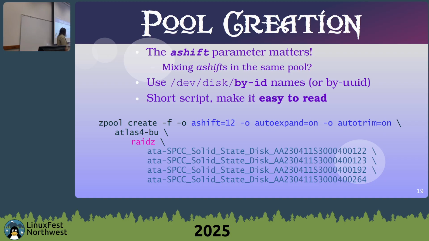If you go into dev disk by ID, you get links to the serial numbers of the drive. This means that you can identify the drive reliably, especially if you've shifted some cables around, or you have replaced your OS drive. This is a way safer way to arrange your data pool rather than the dev SDX naming scheme.